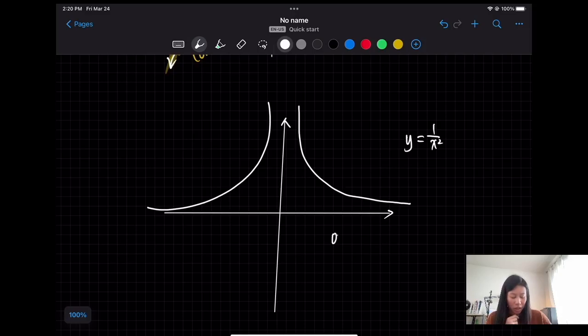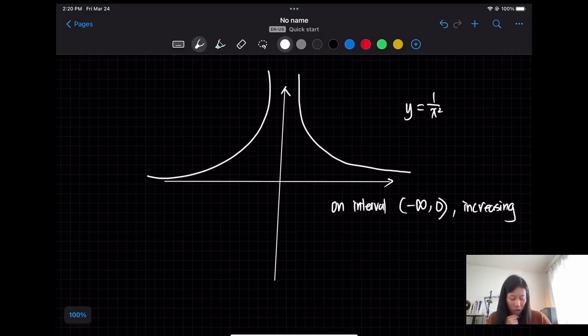That means on the interval from negative infinity to 0, not including 0, the function is increasing. And on the other side, on the interval 0 to positive infinity, the function is decreasing.